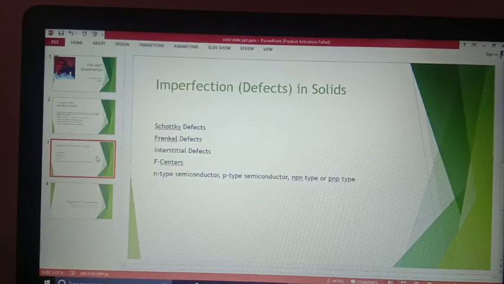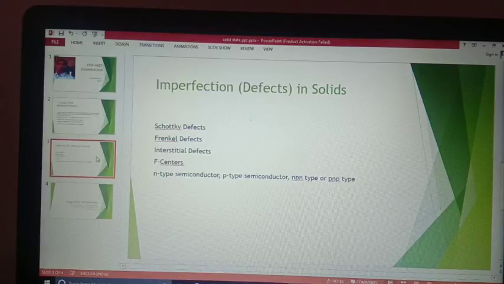Next thing is semiconductors. Here you will learn about the N-type semiconductor, P-type semiconductor, NPN type or PNP type. Again I am giving you a trick. If there is doping, a mixing of a group 14 element and a group 15 element, there will be an N-type semiconductor. If there is a mixing of group 13 elements and group 14 elements, there will be a P-type semiconductor.